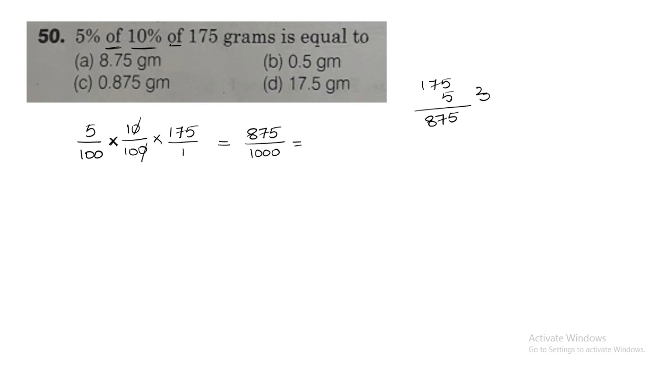Whenever you want to write this as a decimal, just see how many zeros are there. In the denominator we have 3 zeros, so in the numerator, after the decimal point you should have 3 decimal places. And we already have 3 numbers in the numerator, so we can directly take them as the 3 decimal places. So the answer is 0.875 grams. So the answer is option C.